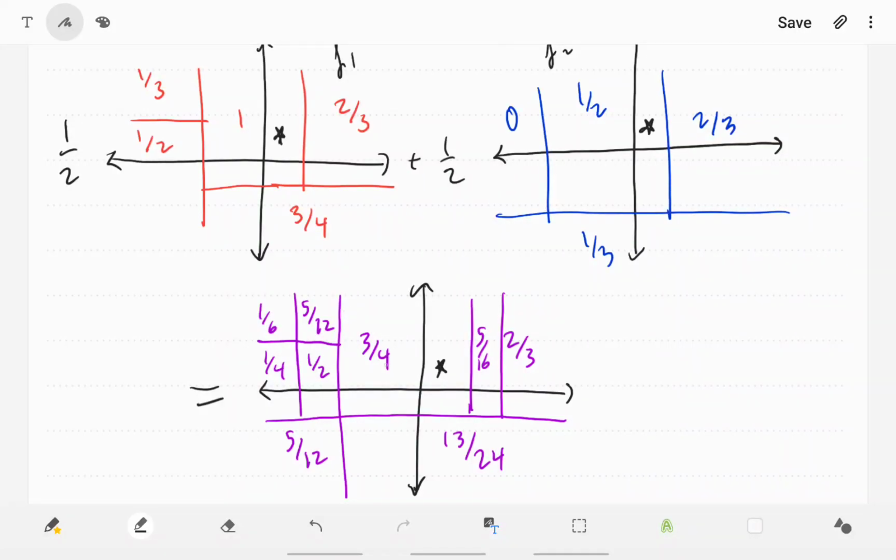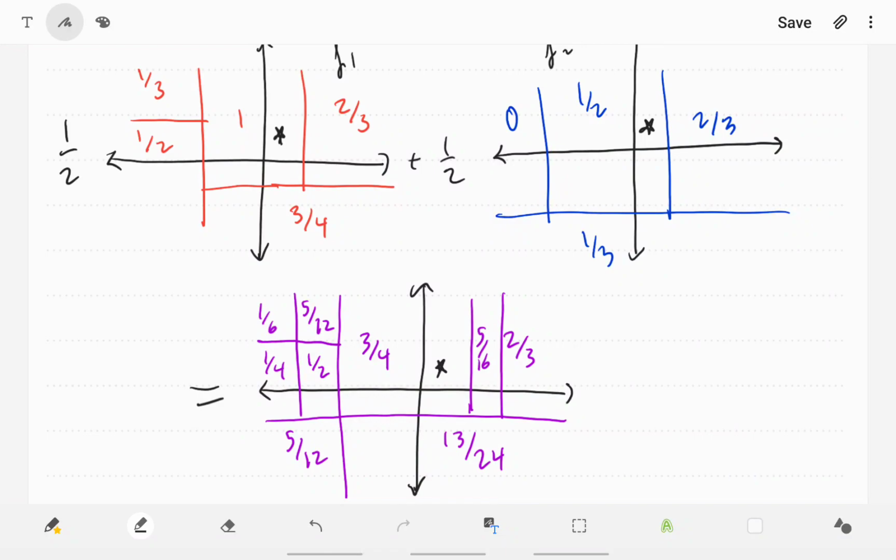Now, this split would further make two different splits. One would be a split which would give you the 5/12 here and 1/2. And then here you would get a 1/4 and a 1/6. To verify that, the average of, for example, 1/2 and 0 is 1/4. Down here you have the average of 1/2 and 1/3, which should be 5/12.